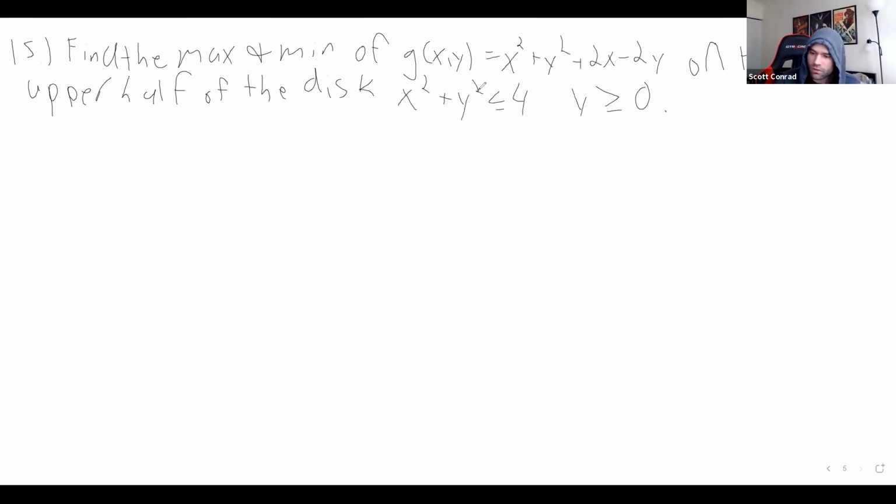Okay, so looking at this, we know it's not just a Lagrange problem, because we know the set of points we're considering is given by an inequality.